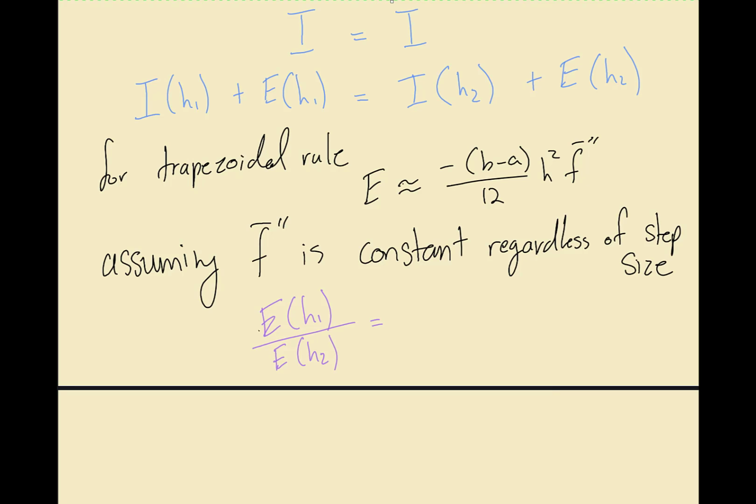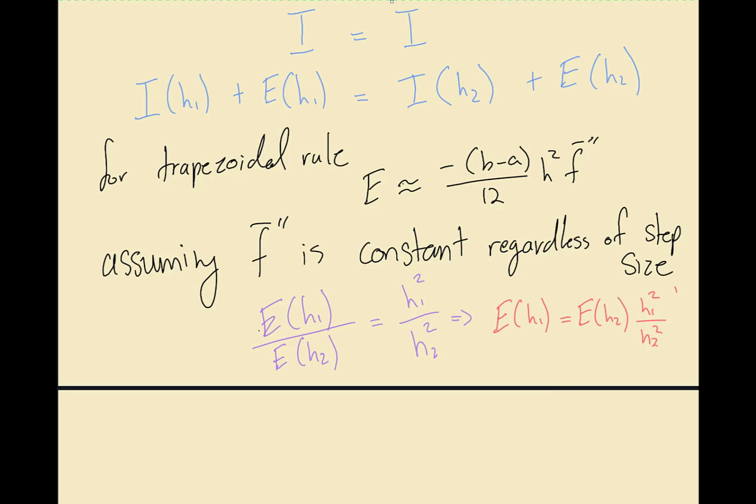So the ratio between the two errors is simply h1 squared divided by h2 squared. So by doing this, we've eliminated the second derivative. And then we can rearrange this equation to solve for one of the errors. In this case, we can solve for E h1, and that's going to equal E h2 times h1 squared divided by h2 squared.